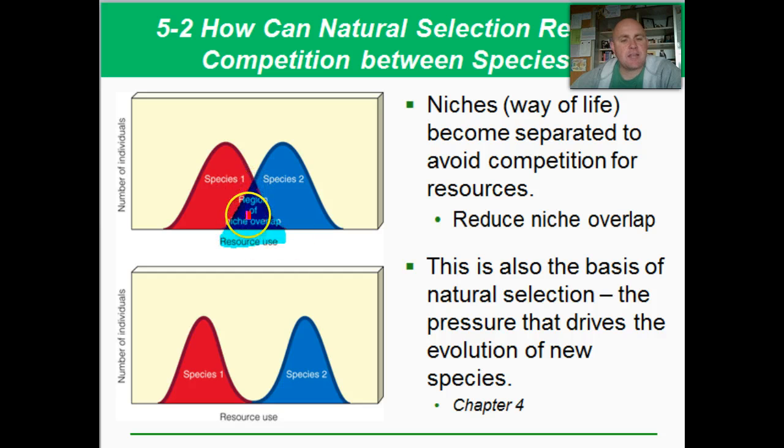That can't be sustainable. And so as a result, the species need to be able to separate so they don't overlap the niche. If they can do that, they can both be successful. If not, one will become extinct as a result of it. So working to reduce niche overlap is the best way for both species to exist.